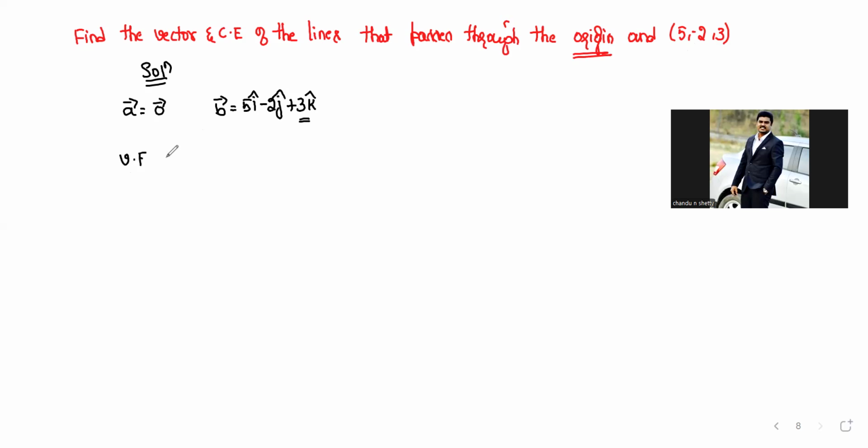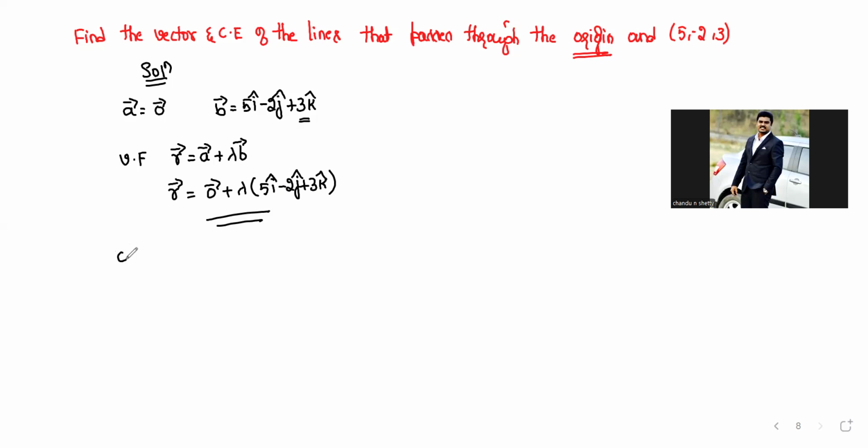So the vector form equation is vector r equal to vector a plus lambda vector b. That means vector r equals vector a, which is 0 vector, plus lambda into vector b, which is 5 i cap minus 2 j cap plus 3 k cap. Clear. This is the vector form equation.